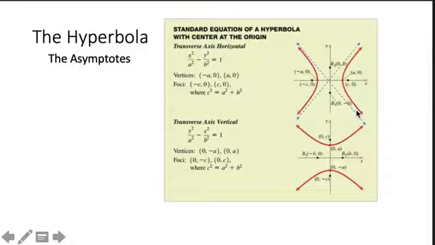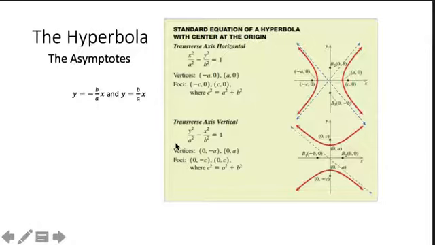The equations for these asymptotes come from a and b specifically. So for example, when the transverse axis is the x-axis, then the asymptote is always going to be y equals plus or minus b over a x.